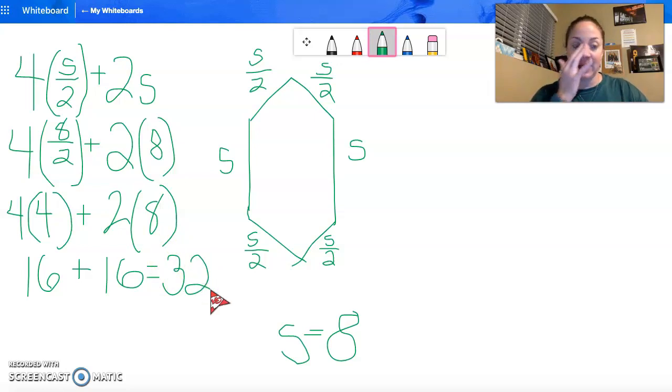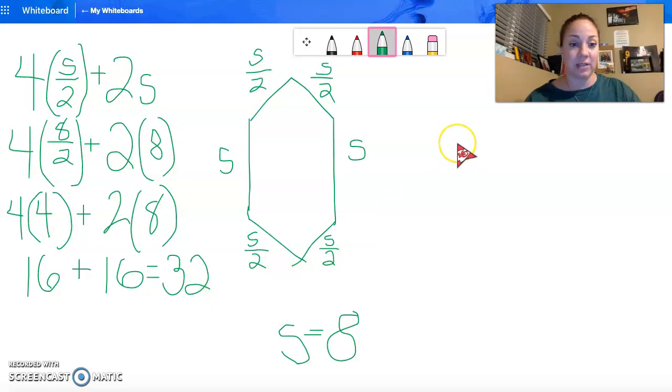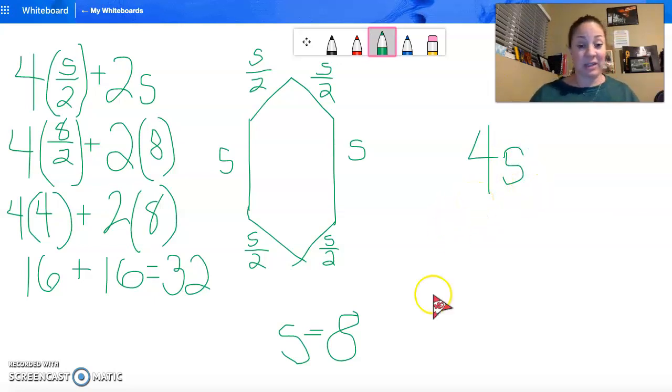And then for the second strategy, we have this kid named David. And David thinks that he will get the same answer as Linda with his strategy of 4 times s. Whoops, let me make that look more like an s. Okay, so this one, and s is still equal to 8.